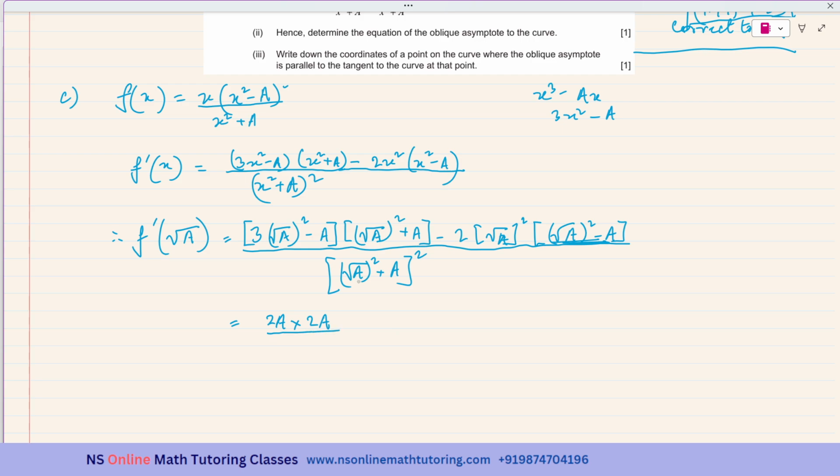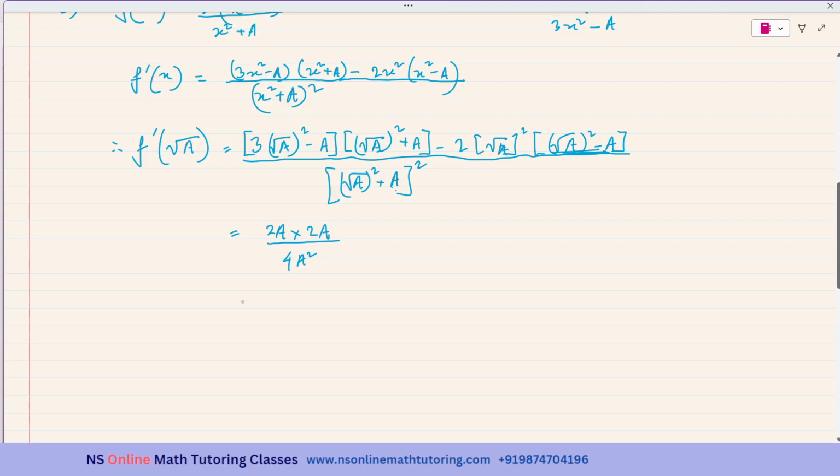Over, (square root of a) whole square is a, plus a is 2a. 2a whole square will be 4a square. And the numerator is also equal to 4a square. So this is equal to 1. Okay. So therefore, f prime of root a is equal to 1.